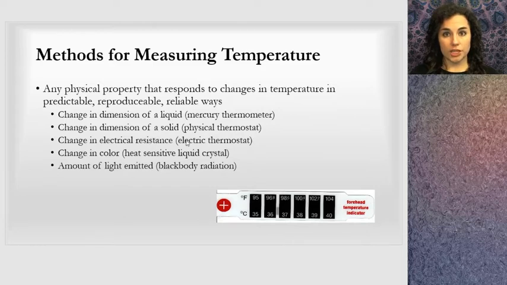Electrical resistance changes in response to temperature changes. Color changes in response to temperature changes, and we can see that with heat-sensitive liquid crystal, which you may see in a regular doctor's office if they take your temperature with a temperature strip. Finally, an amount of emitted light in the form of radiation can also alert us to the temperature value.